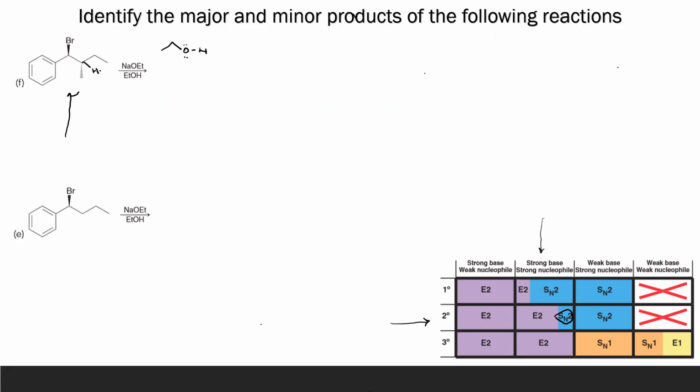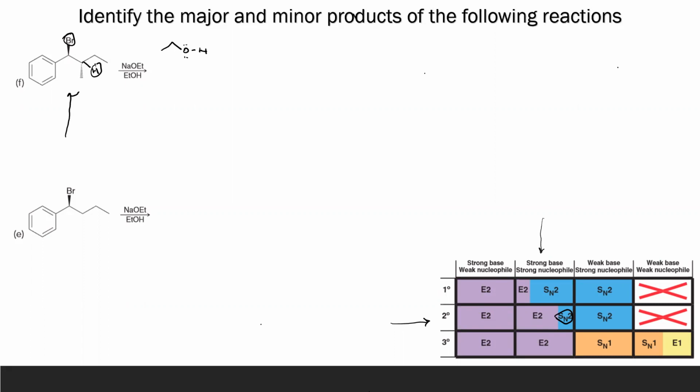So essentially, you need to have your leaving group and your proton being abstracted in the same plane. So essentially, you want these guys to be anti-periplanar. I guess that would be the proper term.